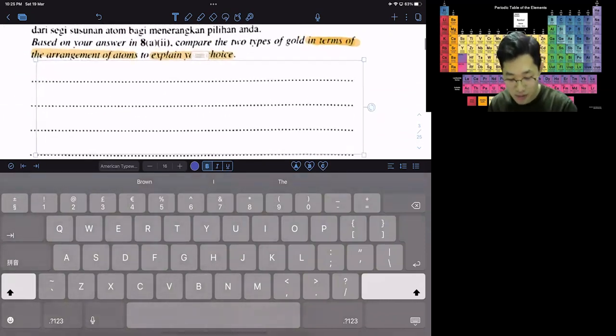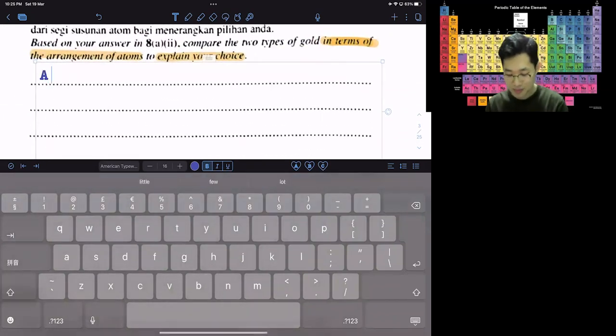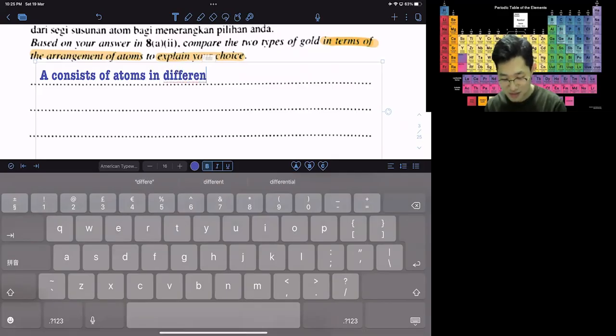So A consists of atoms in different sizes. Actually, you can just write atomic size.